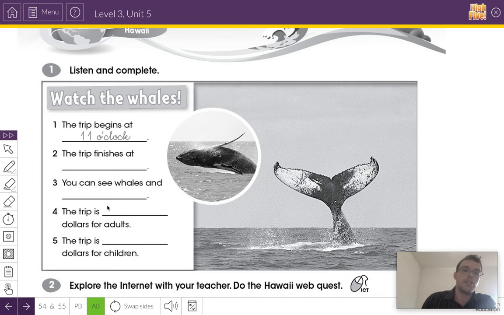Let's look at the questions we have to answer. Number 2, the trip finishes at. What time does the trip finish? Number 3, you can see whales and what else can you see? Maybe another animal. 4, the trip is dollars for adults.